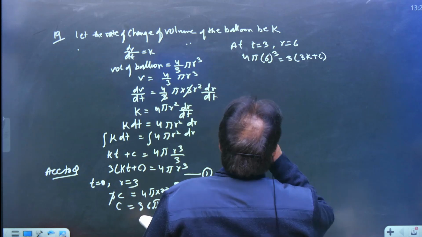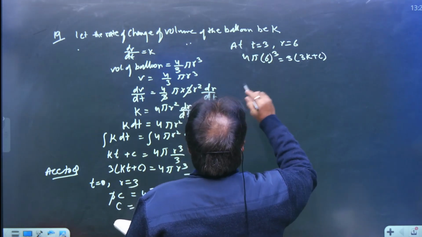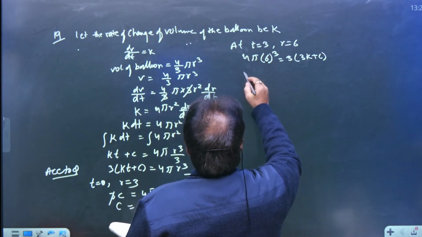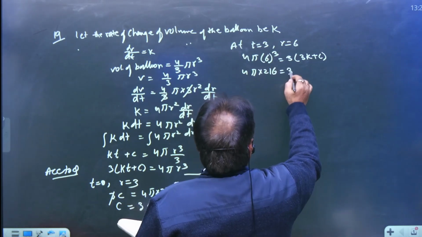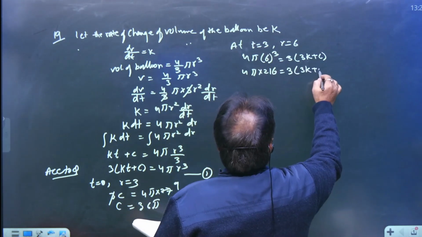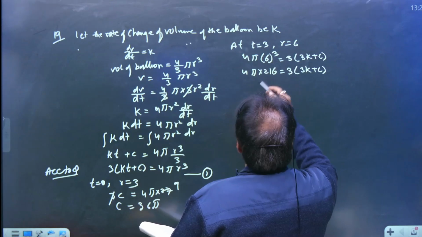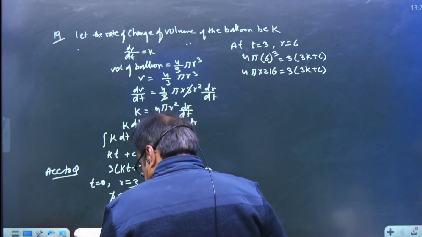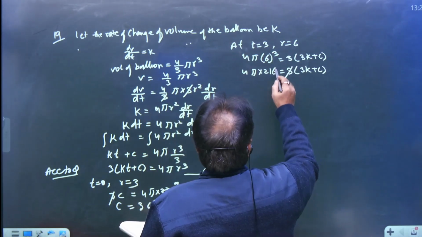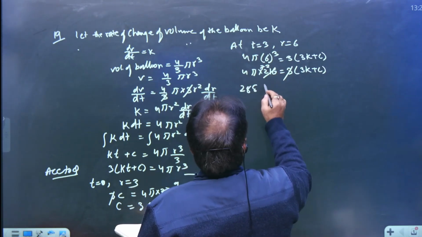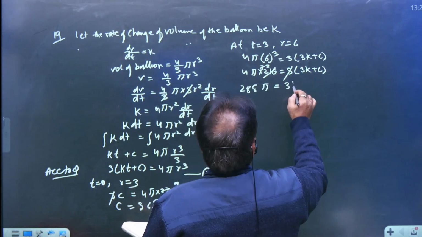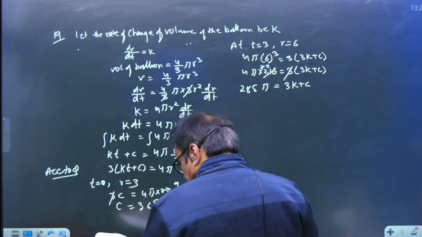So 6 to the power 3, 36, 216. So 4 pi into 216 is equal to 3 into (3k plus c). So we can cancel out 72, right? This is 72. So 4 2s are 8, 288 pi is equal to 3k plus c.